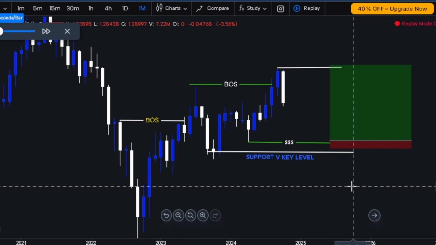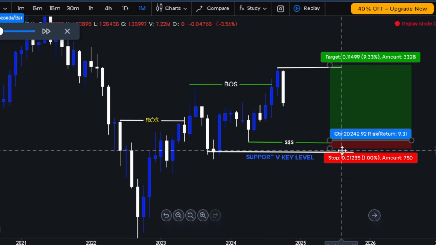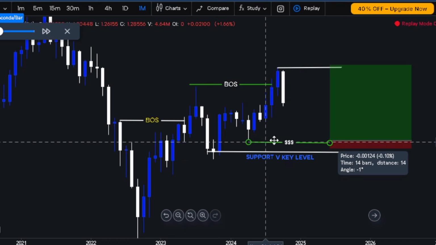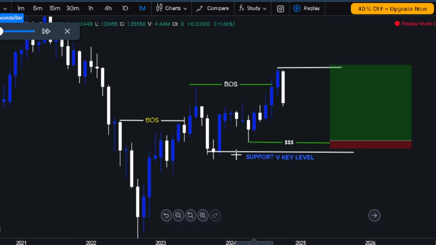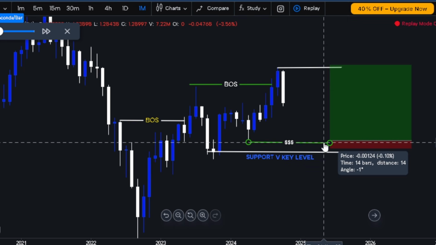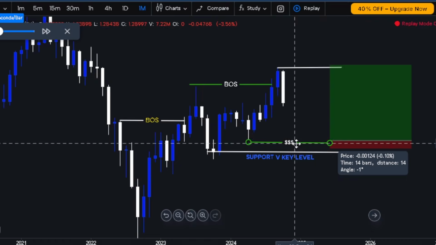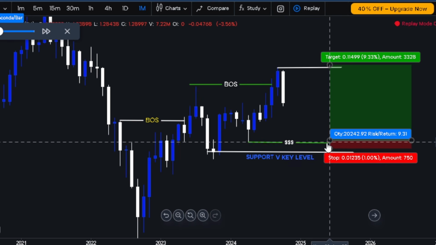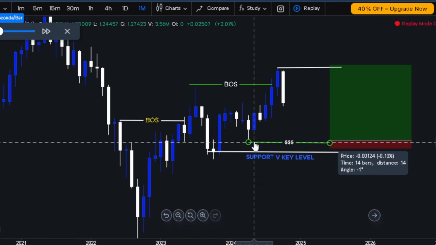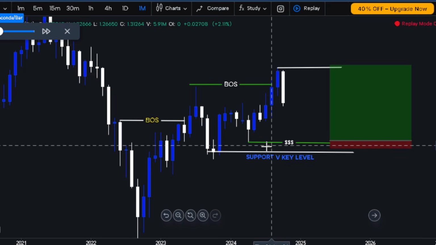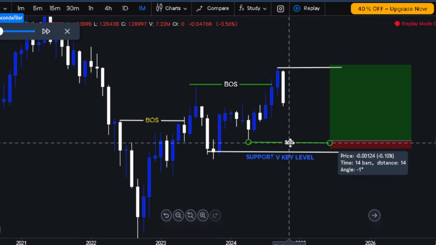Most traders are likely to place their stop losses right below that swing low, using it as a protected low. But as an advanced price action trader, I already know that that particular low is my liquidity level, whereby I myself don't take trades on liquidity levels. I don't place my stop loss below that liquidity level.